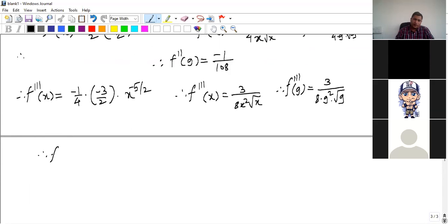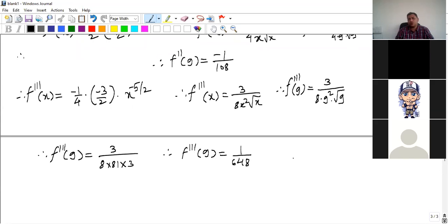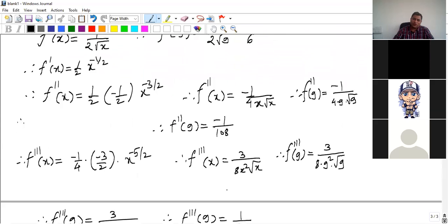So we have f triple dash at 9 is equal to 3 upon 8 into 81 into 3. And hence we get f triple dash at 9 equal to 1 upon 648. Correct. Okay, so that's what we got. Now, as I said, we have to go for at least 4 terms.